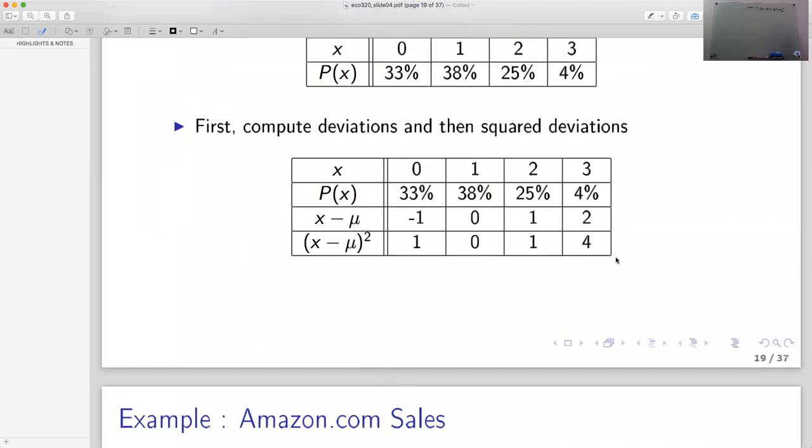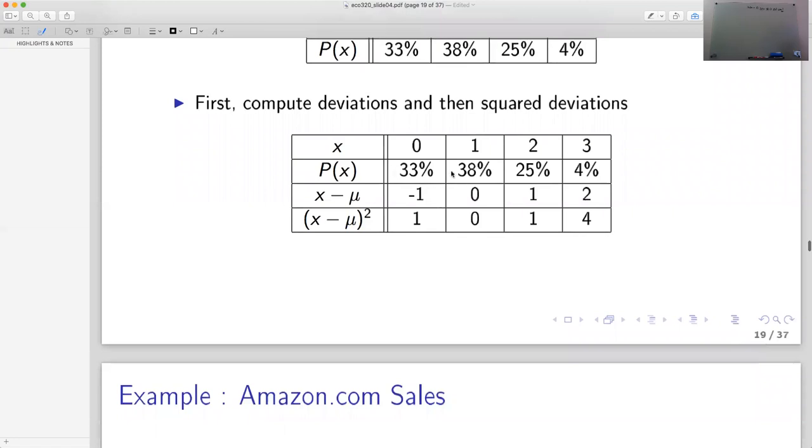So previously, when we didn't have probability, what did we do? We just added 1 plus 0 plus 1 plus 4 and divided by 4 if that is a population variance, and divided by n minus 1, or 4 minus 1, which is 3, if that is a sample variance. But the difference is we have probability distributions, so those are whole different things.